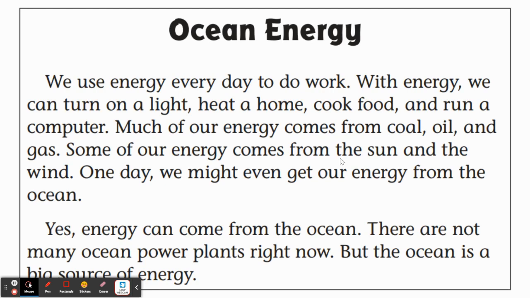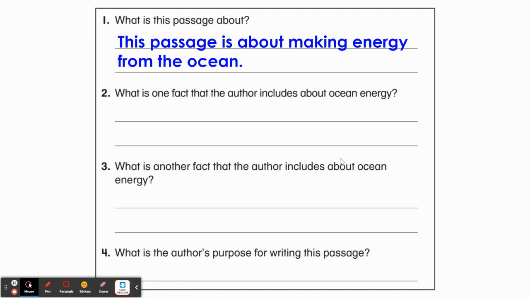And I think that most of this article was all about how we can create energy from the ocean, from the tide moving in and out, from ocean waves going up and down, from the heat from the ocean. So this was all about ocean energy. We can say, this passage is about making energy from the ocean. That's what it was mostly about.